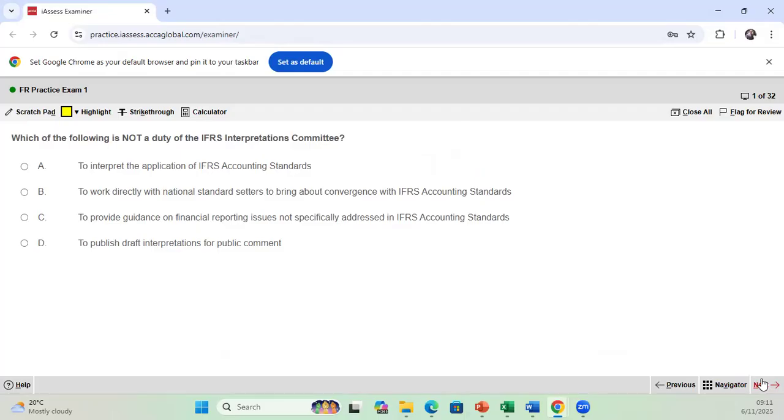The interpretations committee is part of the body that produces international accounting standards. We have the board, the IASB. This is the board that actually sets the standards.